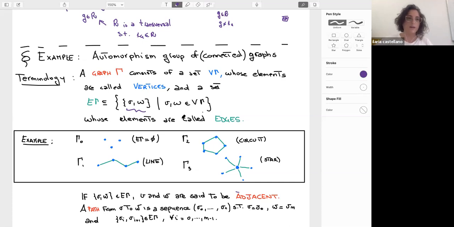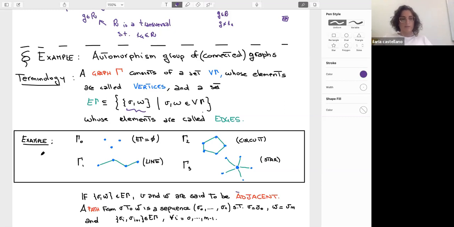One is V Gamma and the other one is E Gamma. The elements of V Gamma are called vertices, and the elements of E Gamma are called edges. You can find in the literature several definitions of graphs. This one is a simplified one, but it's good for our purposes.